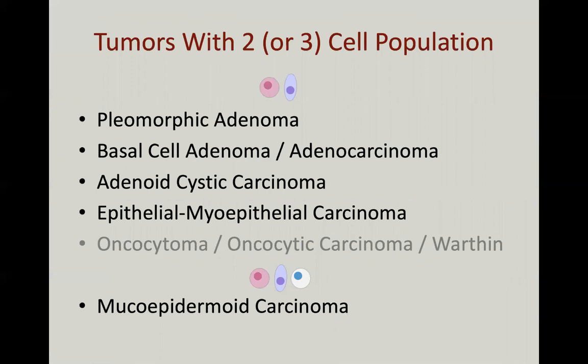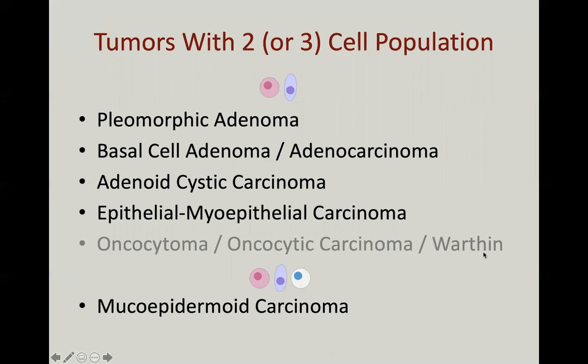Okay, so when we put this together into a differential diagnosis of a tumor, I always start by looking at how many cell types are in this tumor. Are there 2 cell types, 3 cell types, or 1 cell type? And can you distinguish those cell types on H&E, or do you need immunohistochemistry to distinguish them? So pleomorphic adenoma, basal cell neoplasms, adenoid cystic, epimyoep, all have 2 cell types that you can highlight with basal or myoepithelial markers.